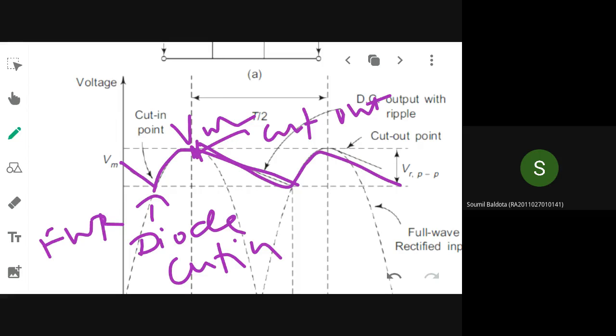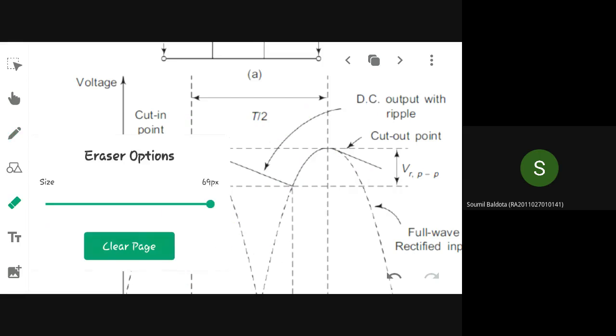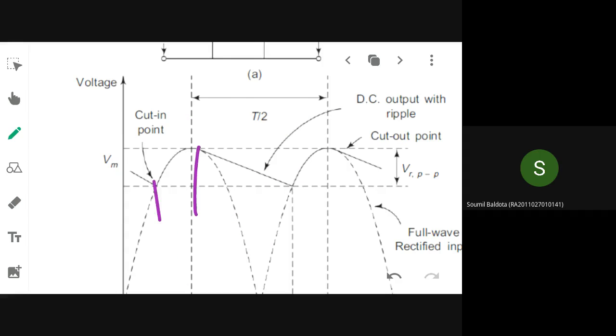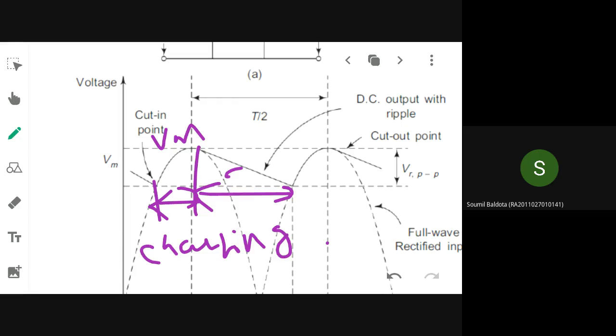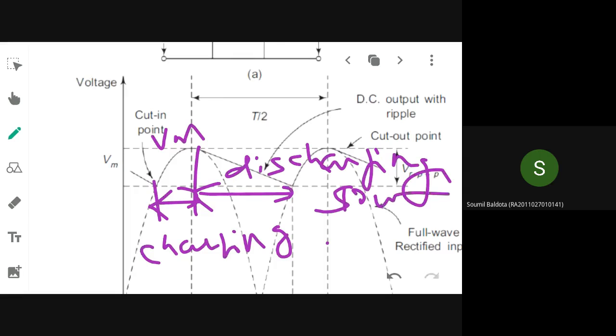If you look at the waveform, this portion will be your charging period, where the capacitor is charging to about the maximum value from the diode cut in, after which this period is called your discharging period. That happens very slowly compared to the charging. So discharging will be very slow, as it happens after the diode cuts out.